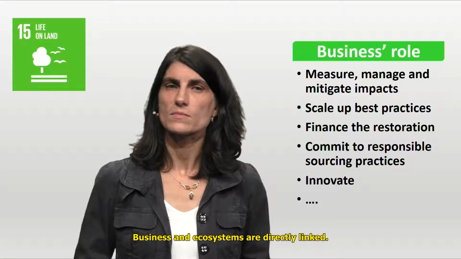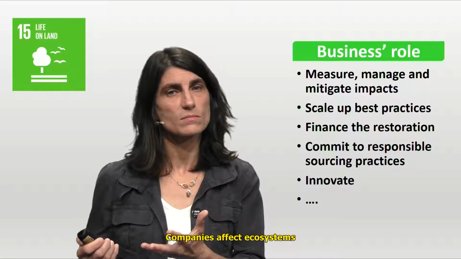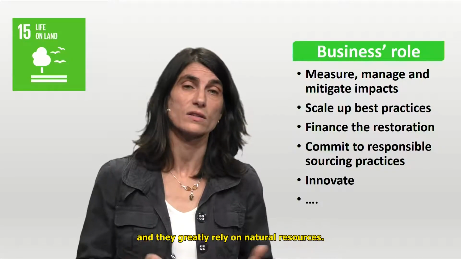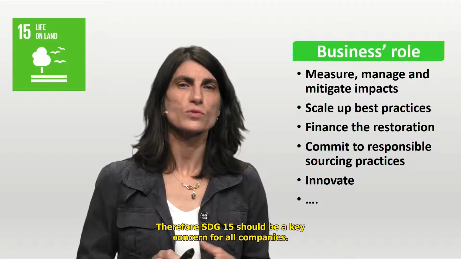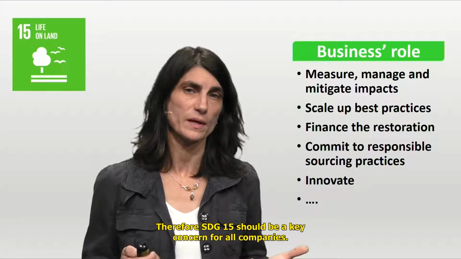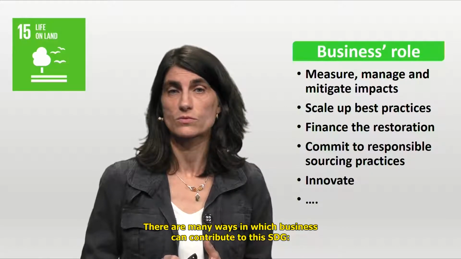Business and ecosystems are directly linked. Companies affect ecosystems and they greatly rely on natural resources. Therefore, SDG 15 should be a key concern for all companies. There are many ways in which business can contribute to this SDG.